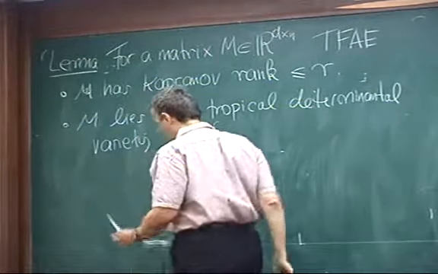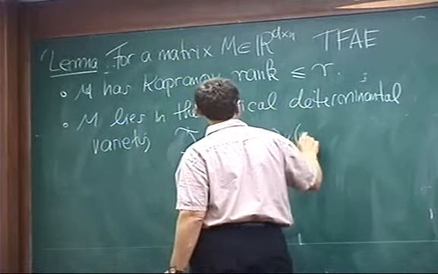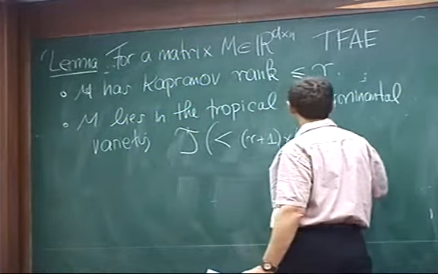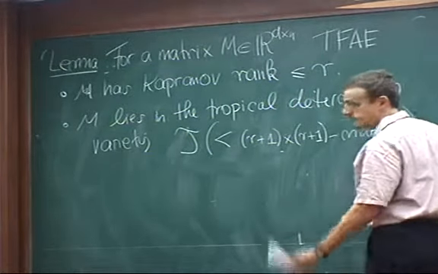So it lies in the tropical variety defined by the r plus 1 times r plus 1 minors of a general matrix, right?